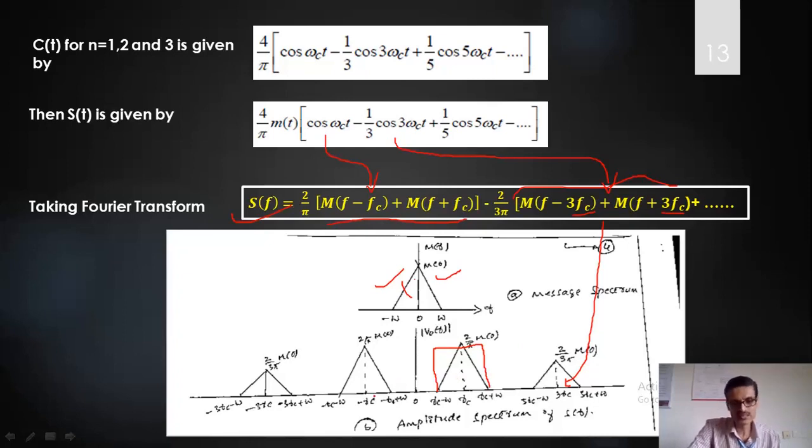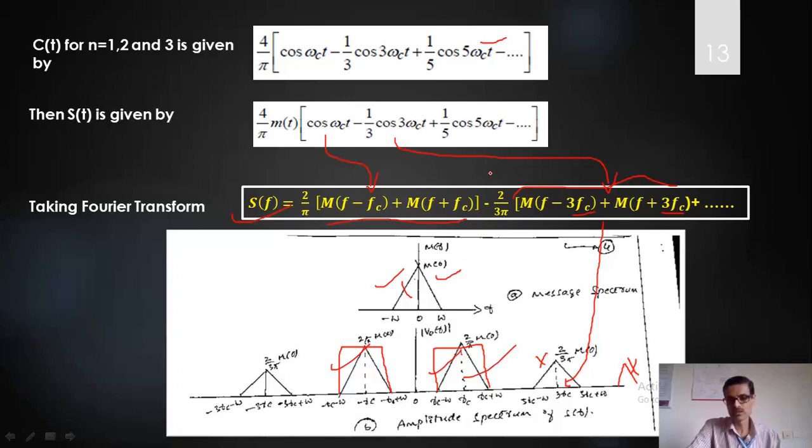It allows only this component on the negative side and this component on the positive side. The rest of the components, centered around 3 fc, or maybe 5 fc, will be eliminated by the band pass filter, allowing only the component in which I am interested.